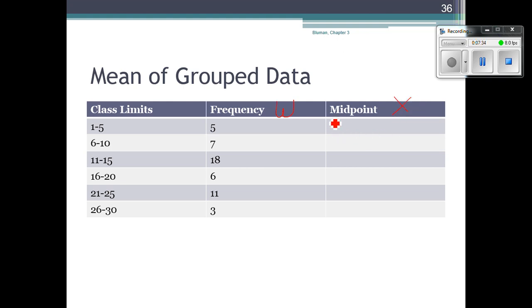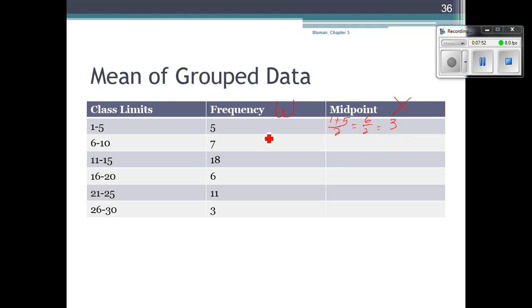To find the midpoint, you take your lower limit, 1, plus your upper limit of 5, and you get 3.